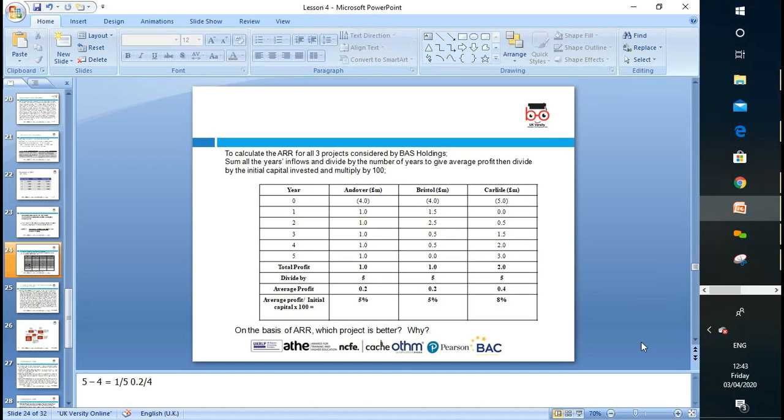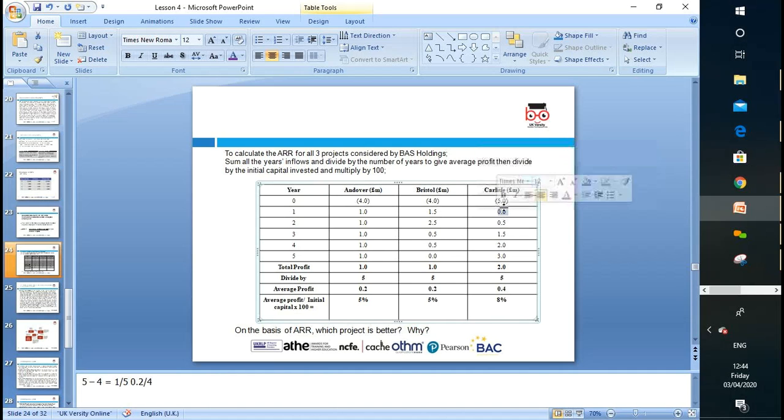So which project will you invest in? Which project do you think you will invest in? Which one gives you a high return? Project C gives you a high return, but the problem in C is that you require 5 million, and maybe we don't have the cash. And in the first year it gives you nothing.